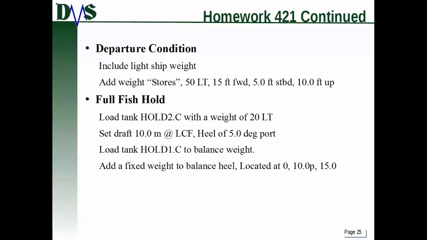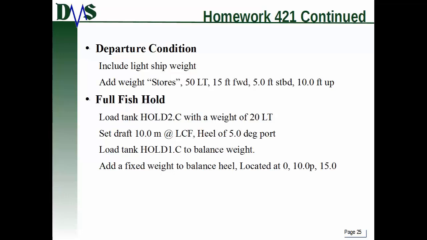And then finally, I want you to do another load case that is the full fish hold. This is an FV. It's a fishing vessel, and it has a fish hold in it. So I want you to load the tank, hold 2.c, that's the name of the tank, and I want you to load it with a weight of 20 tons. Now you shouldn't have to do any math.